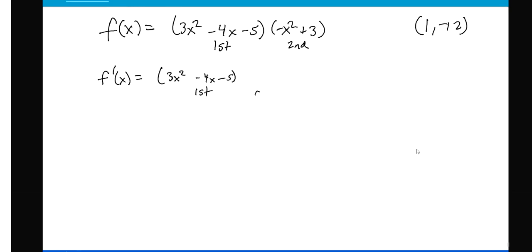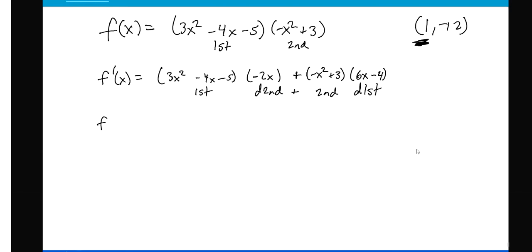First times d second, plus second, which is negative x squared plus 3, times d first. So the derivative of 3x squared is 6x. The derivative of negative 4x is negative 4. The derivative of negative 5 is 0. So there's your derivative. You want to plug in your x value here, 1, to get what's called your slope.